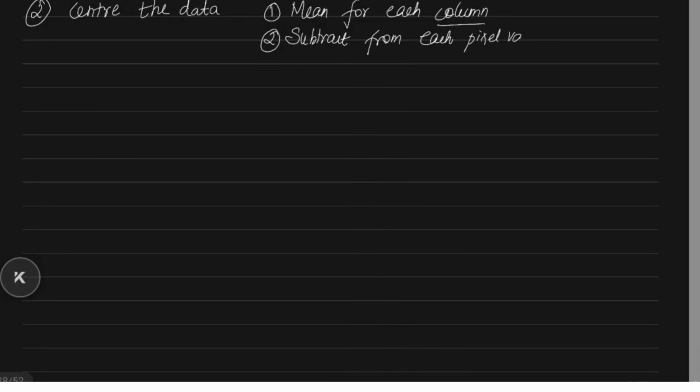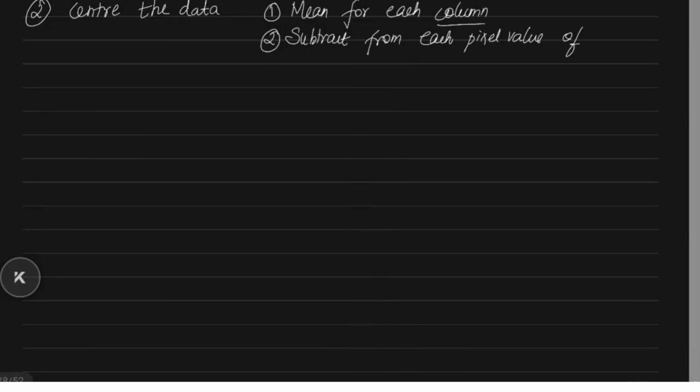To center the data, the first step is to find the mean for each column. After you find the mean, you subtract it from each pixel value of the corresponding column.